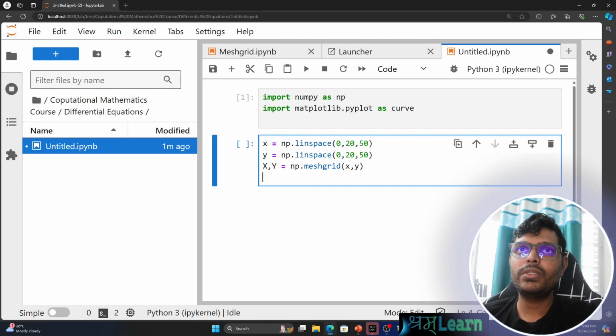Yes, so we want to find the solution to the differential equation. So y dash, how can I write? dy. Can I write diff y?